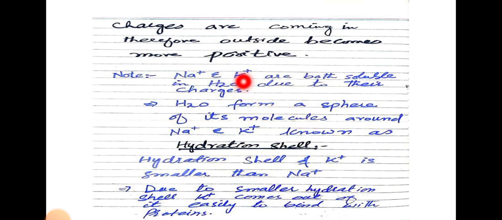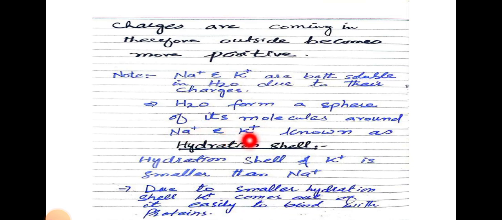Why is potassium more inside the cell as compared to outside? Simply, you should remember that 10% of the potassium is present in blood plasma and 90% of the potassium is present inside the cells, that is in intracellular fluid. This is due to the hydration shell, a sphere or shell of water molecules that surround these ions.